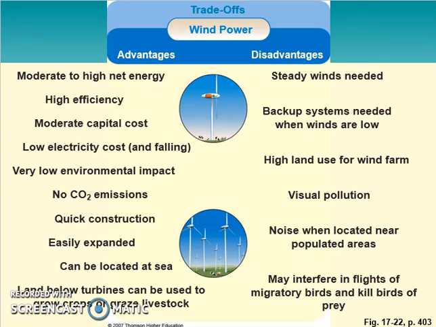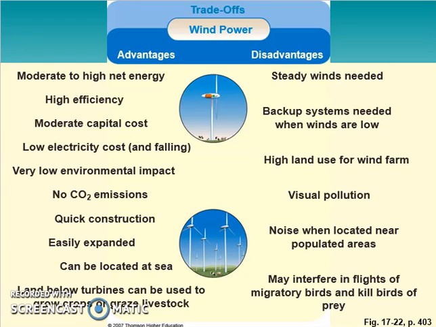The disadvantages: they can only occur in places that have good steady winds year round. You're going to need a backup system when the winds are low or non-existent. If you have a wind farm, yes, you're going to use a lot more area, but still, it's not that bad. Visual pollution. You can hear them, you can see them.